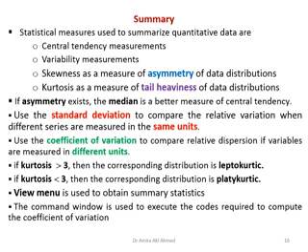Similarly, the view menu of the group title bar is employed to obtain summary statistics for a group of variables. Finally, we use the command window to execute the codes required to compute the coefficient of variation to compare relative variation of variables measured in different units.